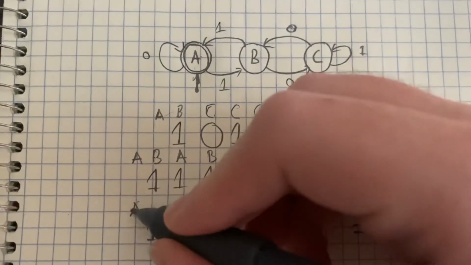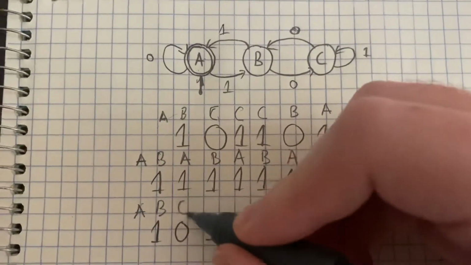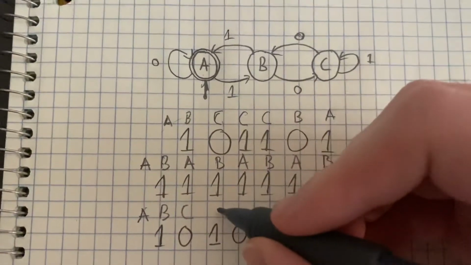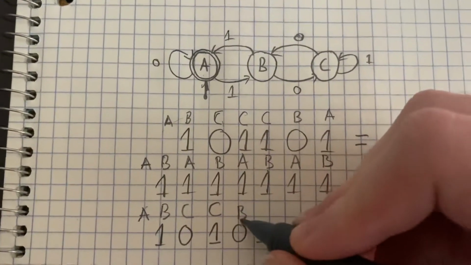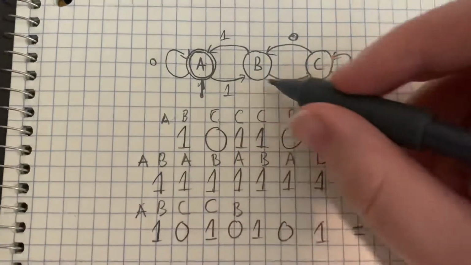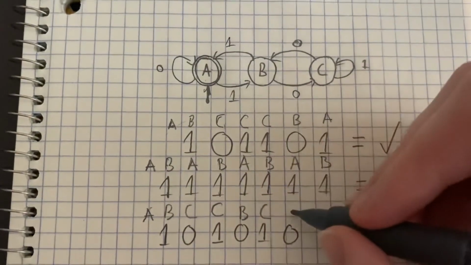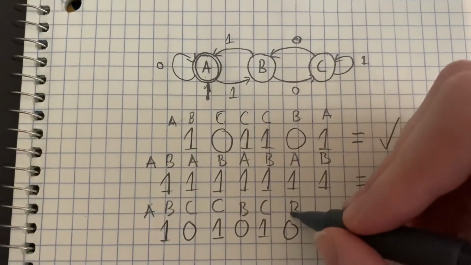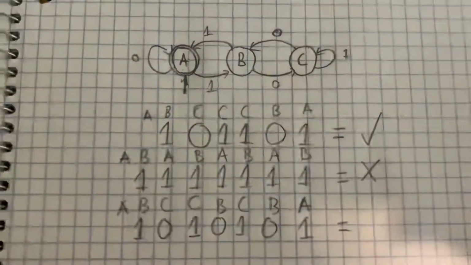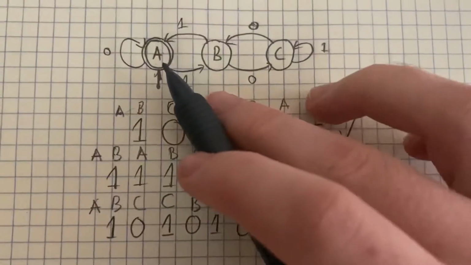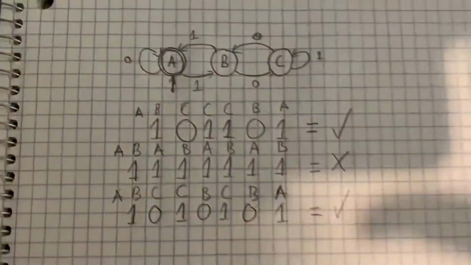We start at A, we input 1, and we go to B. We are at B, we input 0, and we go to C. We are at C, we input 1, and we stay at C. We are at C, we input 0, and we go to B. We are at B, we input 0, and we go to C. We are at C, we input 0, and we go to B. We are at B, we input 1, and we go to A. We have no more characters to input, and we are at A, so this is a valid string by this machine. So what is this doing exactly?